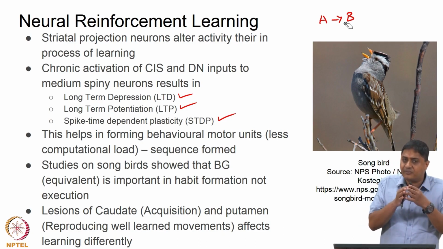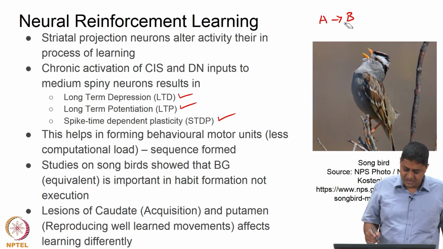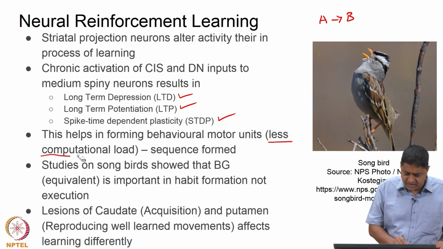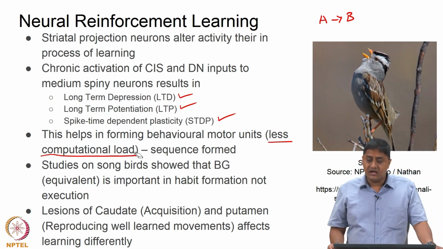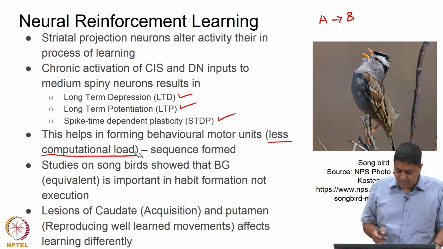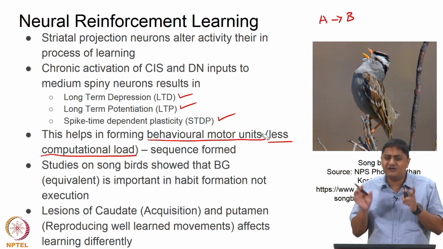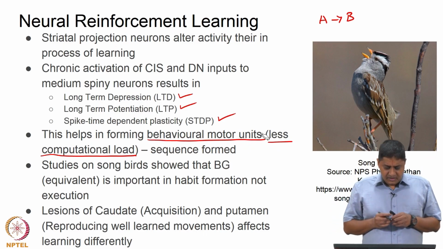So, some sort of grouping of this control happens. Maybe this is a more efficient approach because it results in less computational load. Essentially, this is not a computer program or a motor program, more behavioral groups of activity.